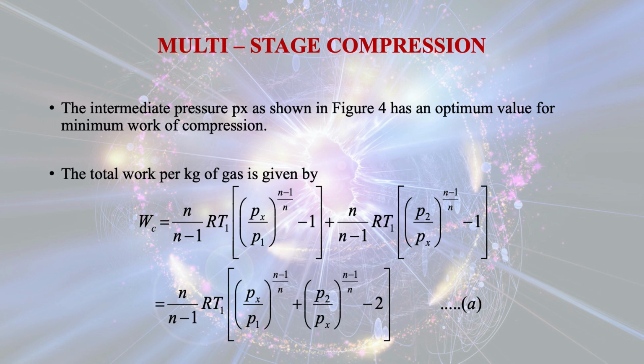Now this expression you can write as n divided by n minus 1 times RT1 multiplied by [(Px by P1) to the power (n minus 1) by n plus (P2 by Px) to the power (n minus 1) by n minus 2], because the after cooling temperature will be the same as T1.